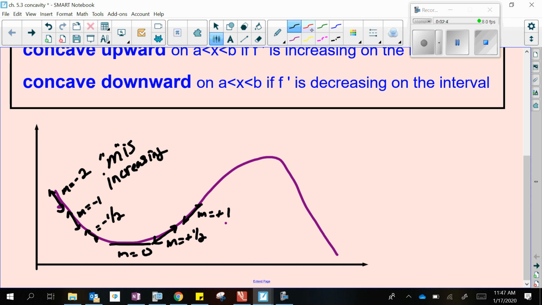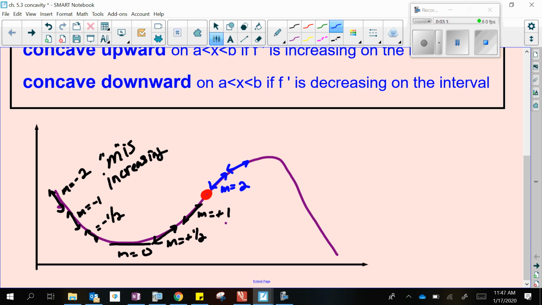Okay? Now I'm going to make a point right here. Just draw a point. Now let's look at the slopes of the tangent line after that. Let's say it's positive, I don't know, 3. No, let's say 2. And now this is still positive, but it's a little flatter, right?